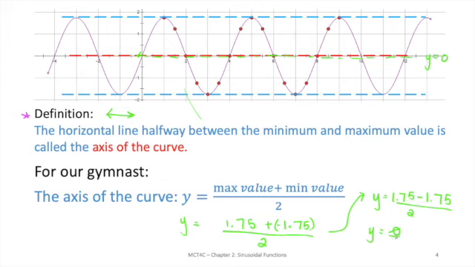So 0 divided by 2. So then y is going to be equal to 0. Okay, so your axis of your curve is going to be 0, and because it is a y, you have to put your units for y, so it would be liters per second.